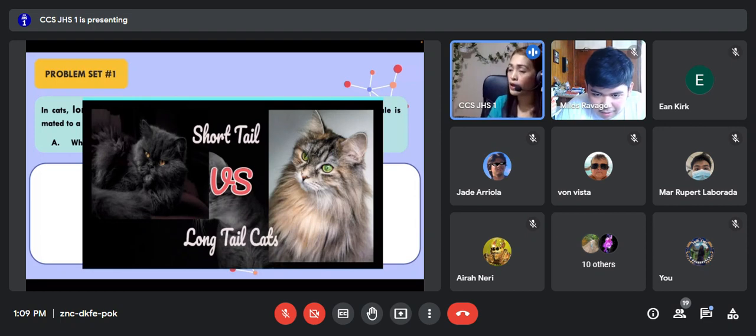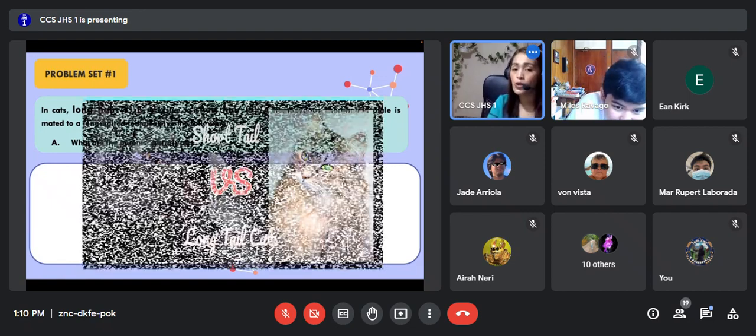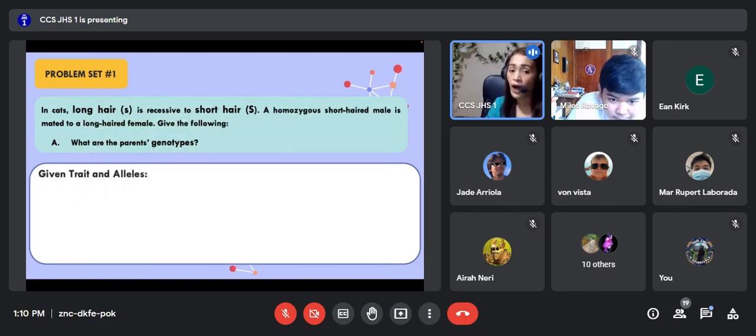So probably those who have pets, especially cats, they're very expensive, right? So sometimes they are classified or identified as either short-haired or long-haired cats. So let us say, let's talk first about the trait. What's the trait here?